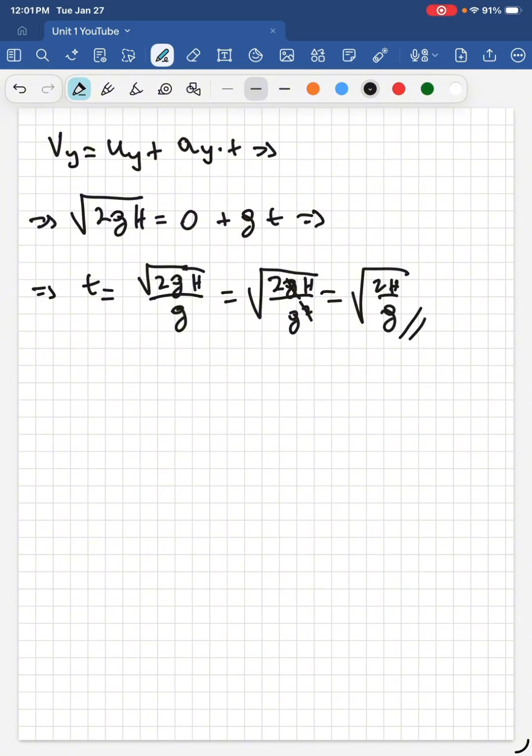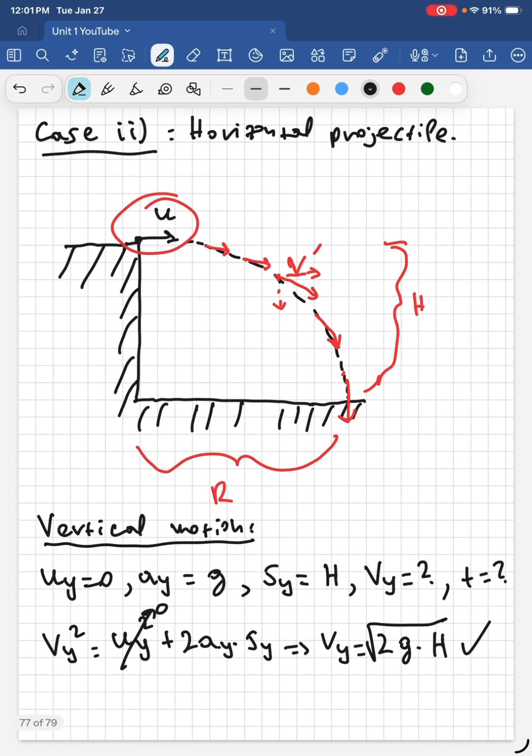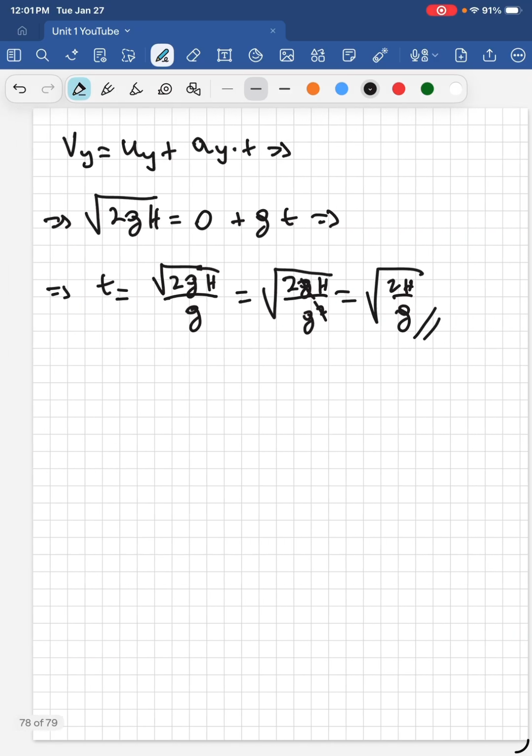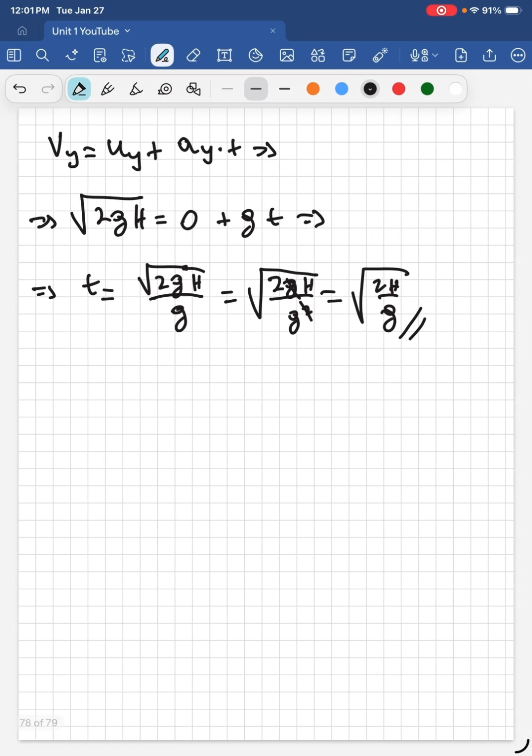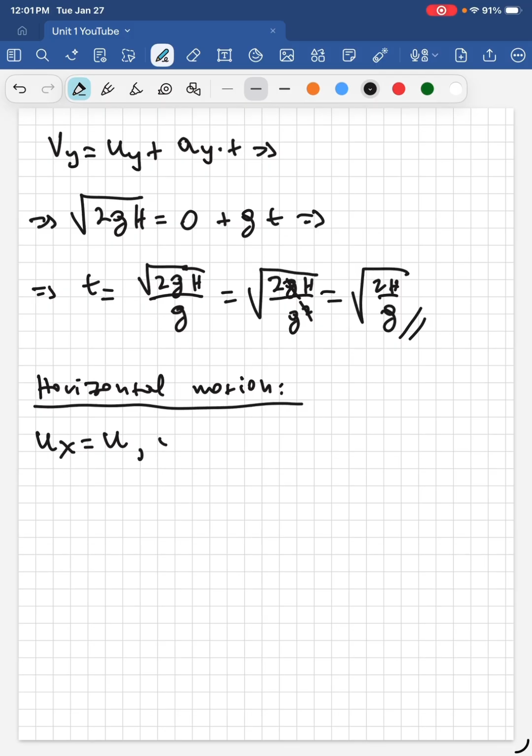Okay, we analyzed the vertical motion for the case in which we shoot a horizontal projectile off a cliff or a building or something like that. Now let's go see what we can find from the horizontal motion. So for the horizontal motion, we now know that the initial velocity in the x direction is u, the acceleration in the x direction is 0, okay?